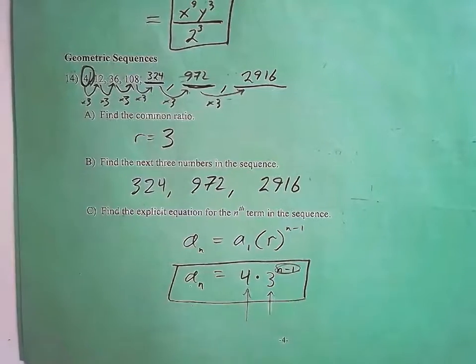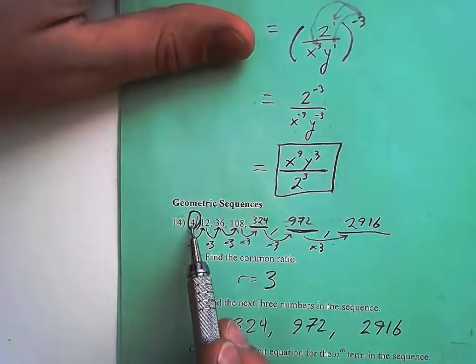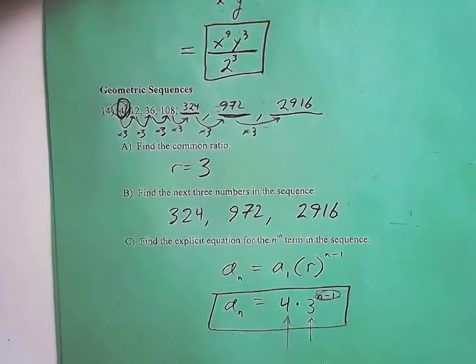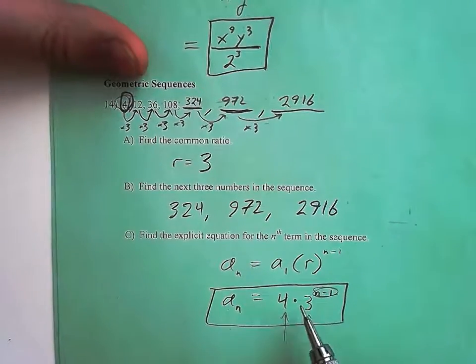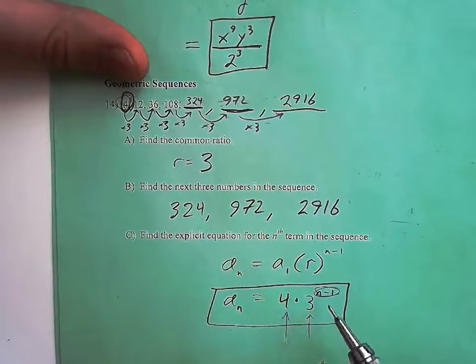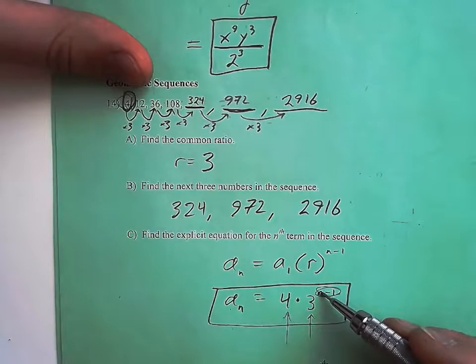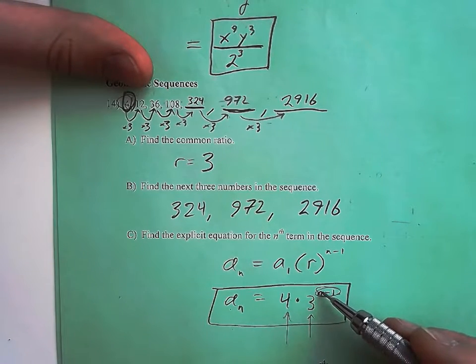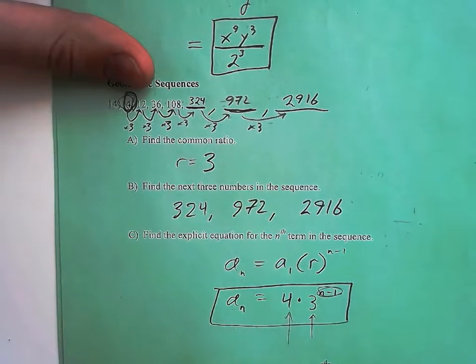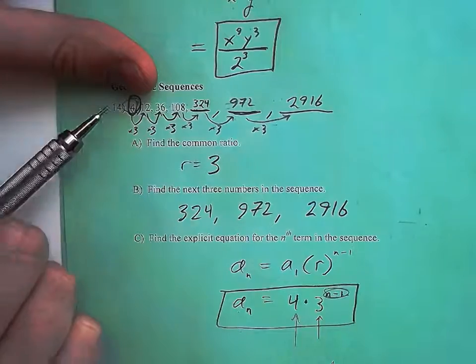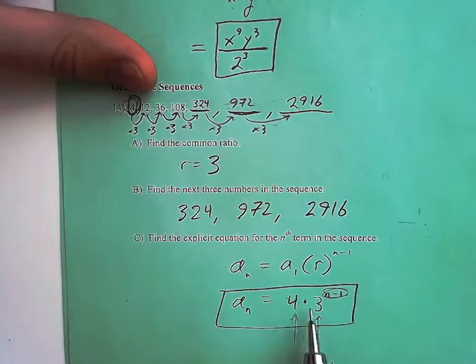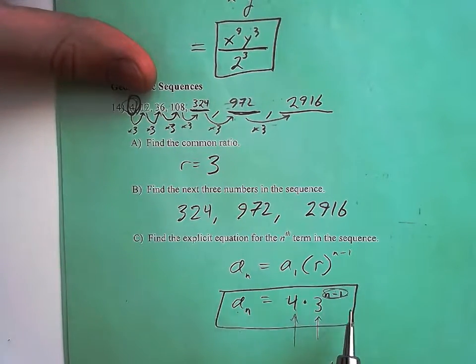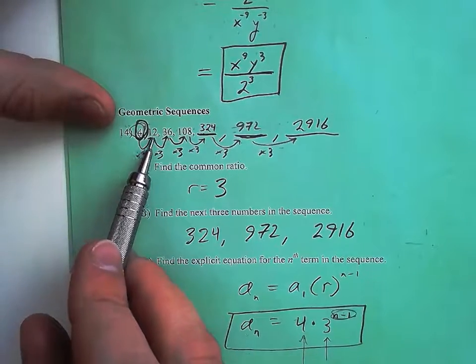How many? Well, to get a 4, you can use your calculator and test this equation you got. 4 times 3 to the first, that would give you 12. Not 4. So you have to subtract 1. So 4 times 3 to the 0 is 4. 4 times 3 to the first is 12.